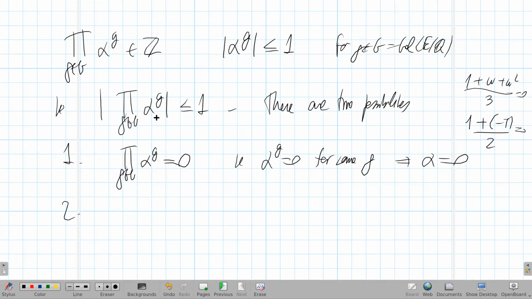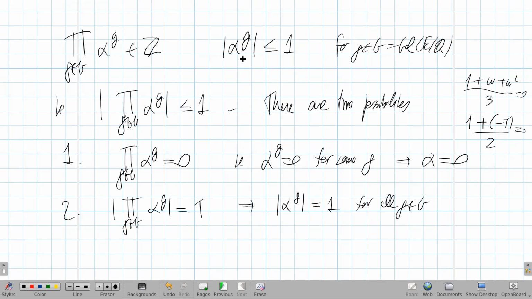this has absolute value 1, okay? Which means that it's either plus or minus 1. But if you have things that are absolute value at most 1, and the product has absolute value 1, by an argument we have already seen, this means that the absolute value of each of these has to be 1.